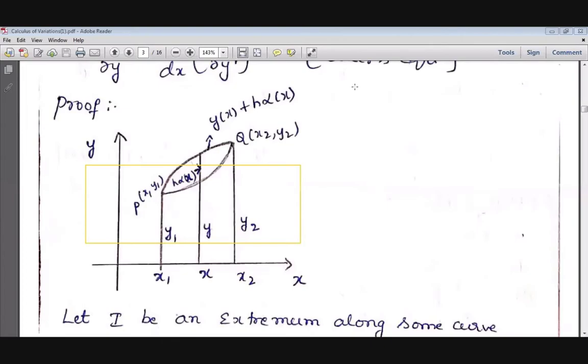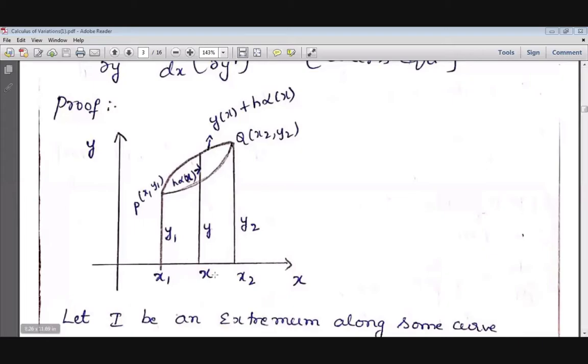Listen carefully. Up to here what we did is an easy concept, but from here onwards it is a little bit difficult, you have to concentrate to understand this. First I will take 2 points x1 and x2. You are seeing the diagram, right?